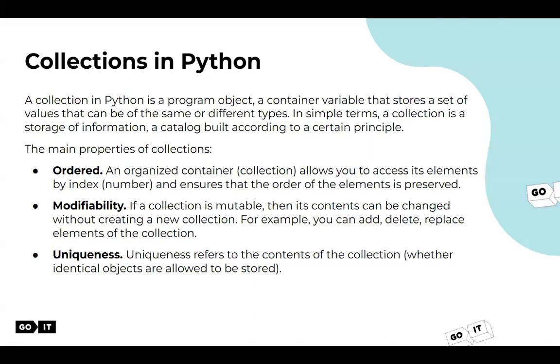Now, the main properties are as follows: ordered, modifiability, and uniqueness. This is all in LMS, so you guys can go over it in LMS. These are just the main properties of the collection. It's the most common stuff that you're going to come across when you're dealing with Python for the most part, no? Again, it's just analytics for us. No programming per se.